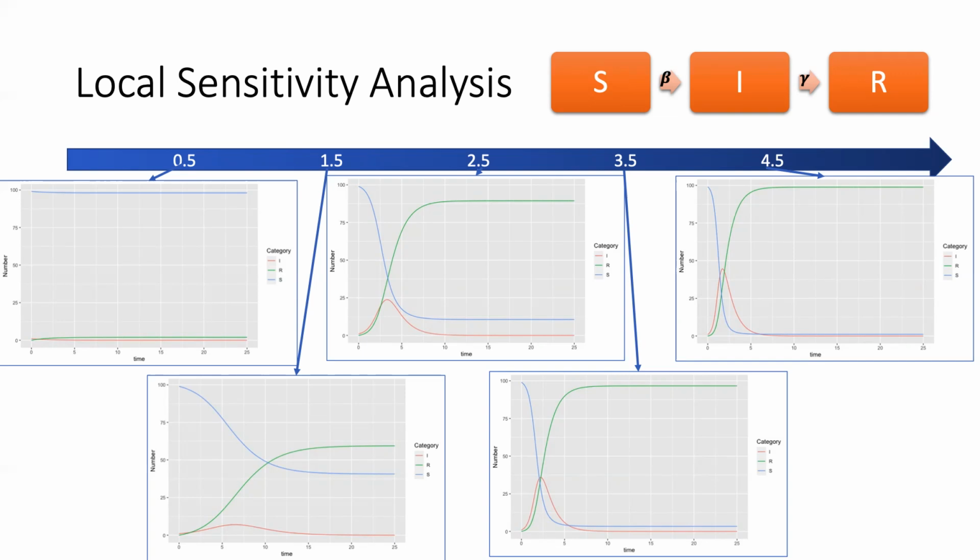For this purpose, I'm going to say my outcome of interest is the total amount of infection over the course of the outbreak. So I'm taking the area under the curve of that infection curve. That's going to tell us how many people got infected over the course of the outbreak.